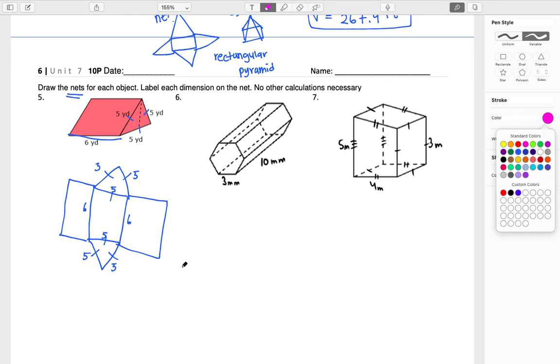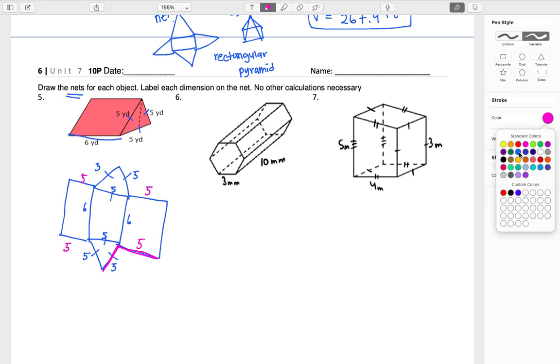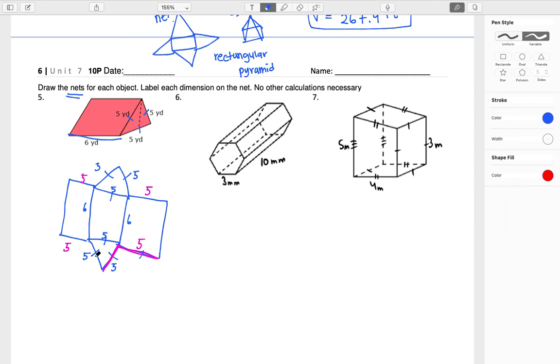And I want you to notice this length, what would this length be? This length will be right touching over here, right? When you fold it. So this must be 5 as well, and 5, 5, and 5 yards. Okay. So I could represent it as a tick mark. So this will be 5, 5. They're all the same. But these, I'm going to put 2 tick marks representing that they are all 6 yards, the same.